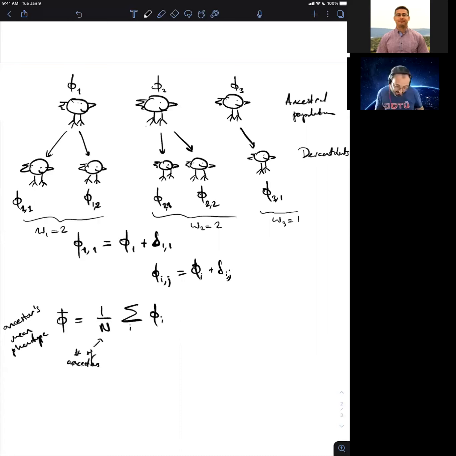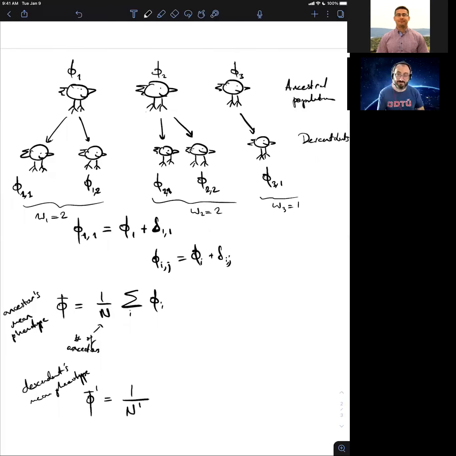And the descendants' mean phenotype is phi bar prime, let's call it. It's 1 over n prime, which is the number of descendants, which is different than the number of ancestors.